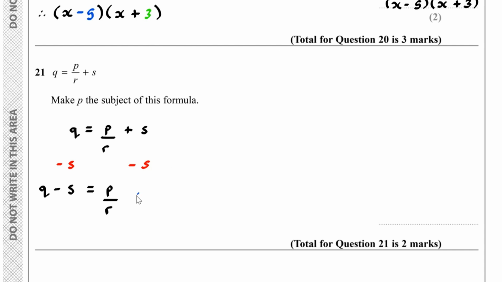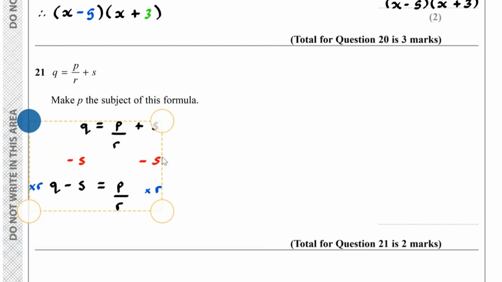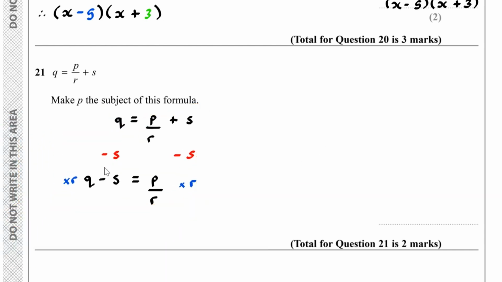And now if I multiply both sides by r, this and this would cancel, leaving me with p equals r multiplied by q minus s. So we've got p equals r multiplied by q minus s.